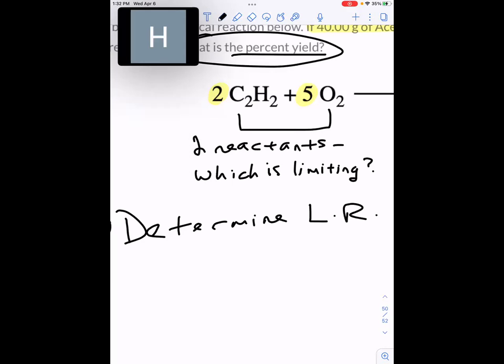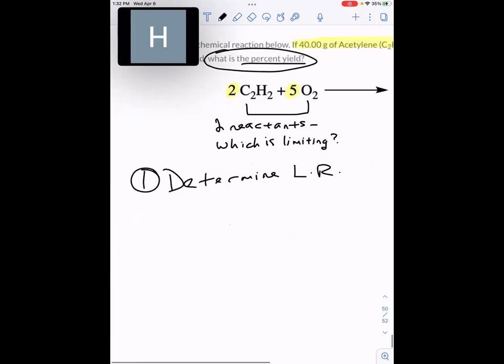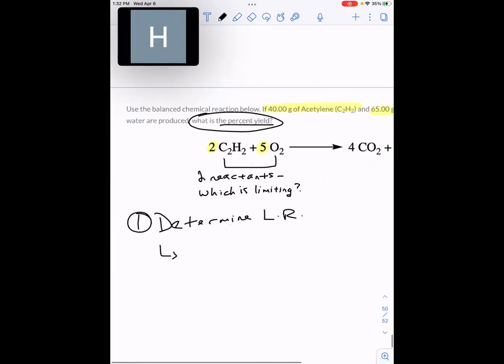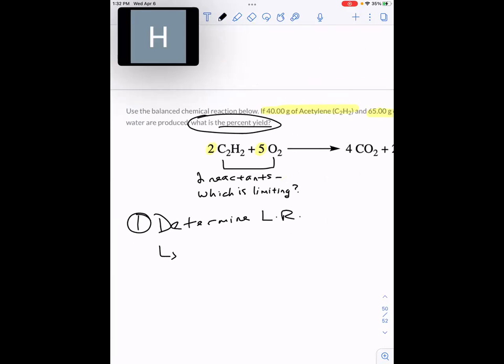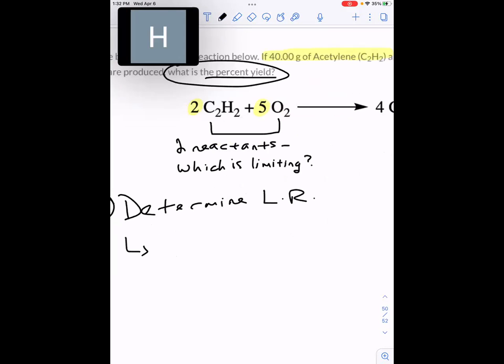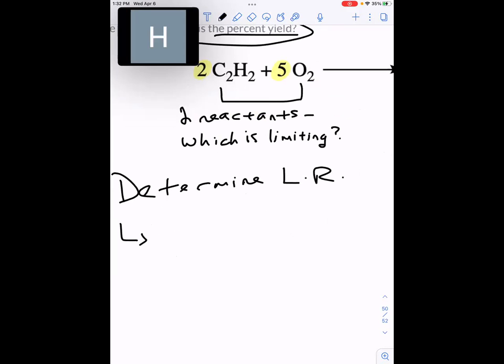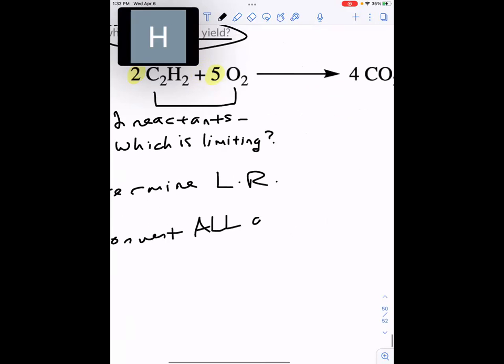First thing we got to do, everything here is in grams. We can't work with grams when we're trying to figure out what's limiting, right? So we need to put everything into moles. All grams have to be converted into moles.